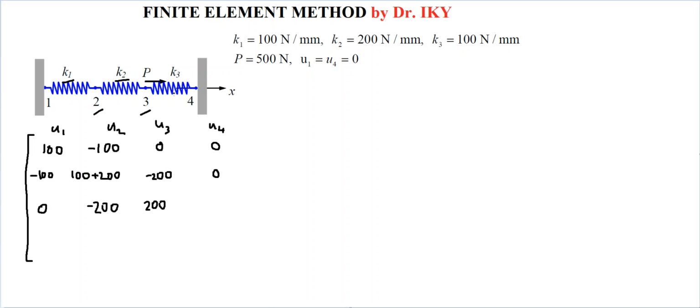So I need to write it like 200, and this time the stiffness of K3 is going to add here. So I will add 100, and again the end part of it will be just 100, and it should be negative, minus 100.